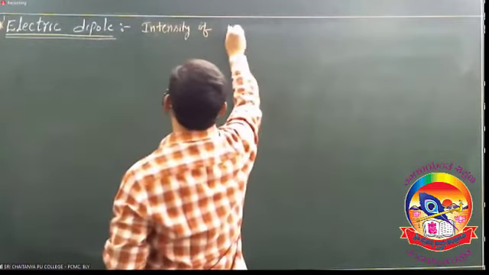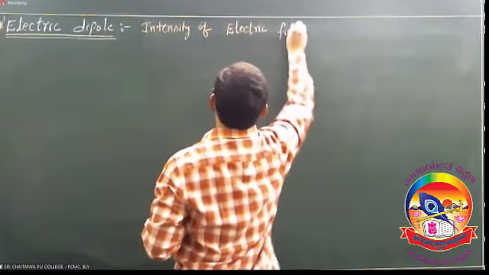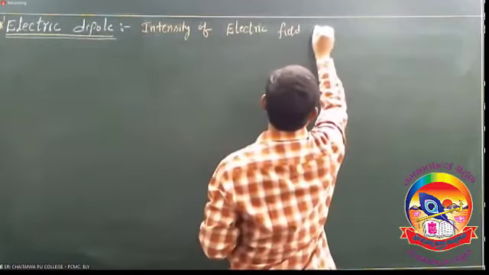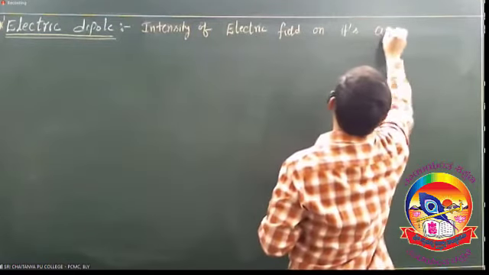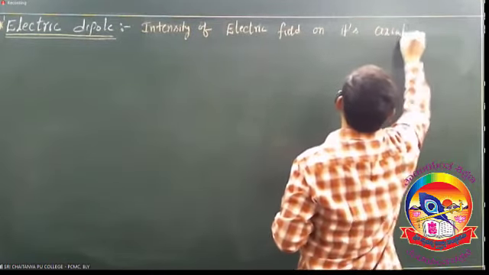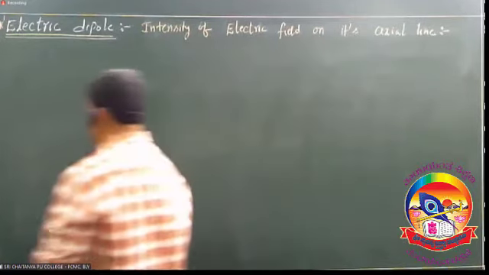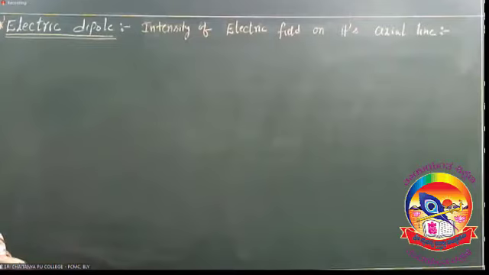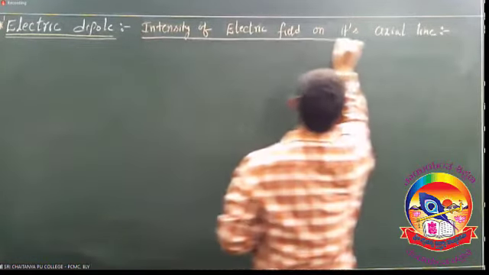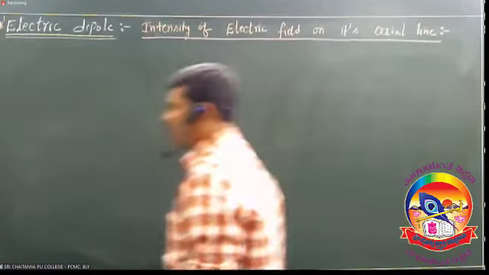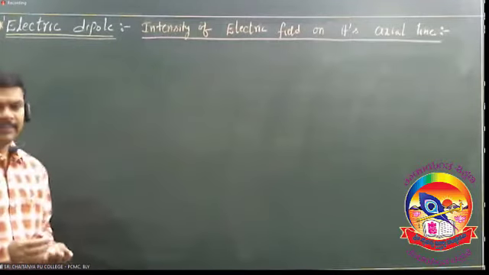Intensity of electric field on its axial line, right? One of the very important questions for PU and also for entrance. Intensity of electric field at a point on its axial line, right?